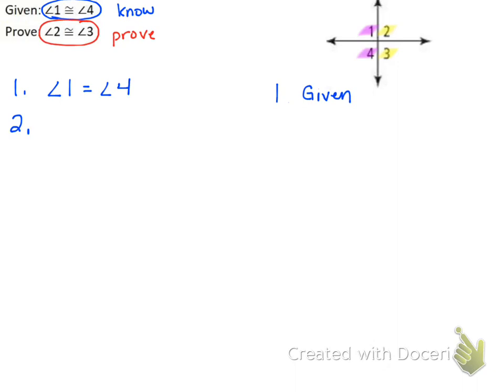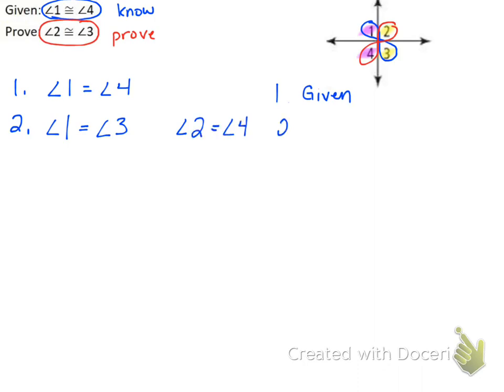So with my second step, since I see my vertical angles, I can say that angles 1 and 3 are equal to each other and angles 2 and 4 are equal to each other. So angle 1 is equal to angle 3. And then also angle 2 is equal to angle 4.